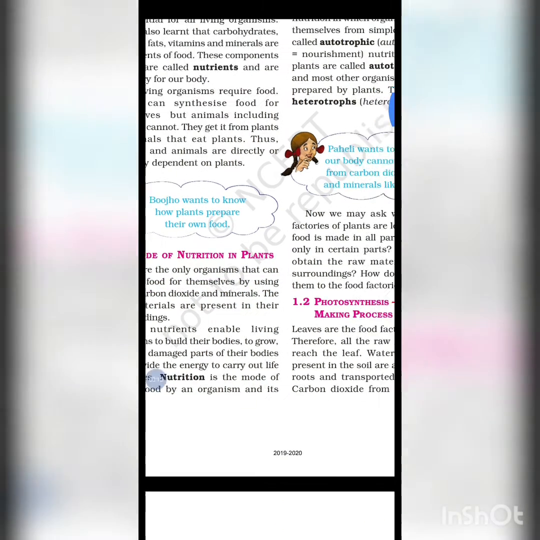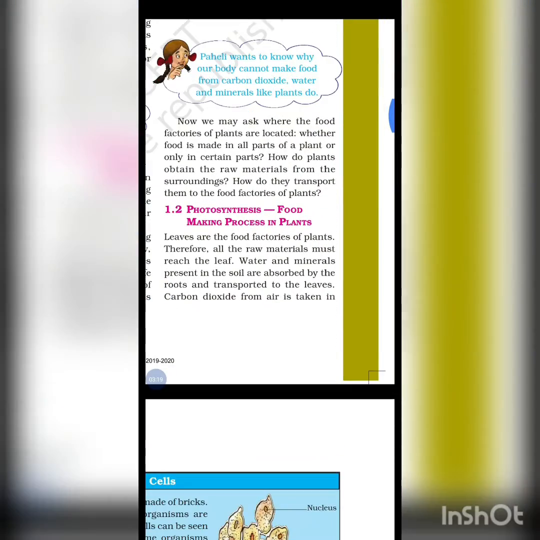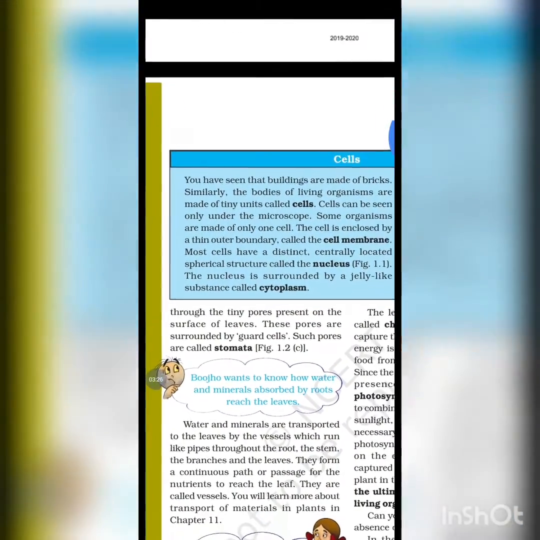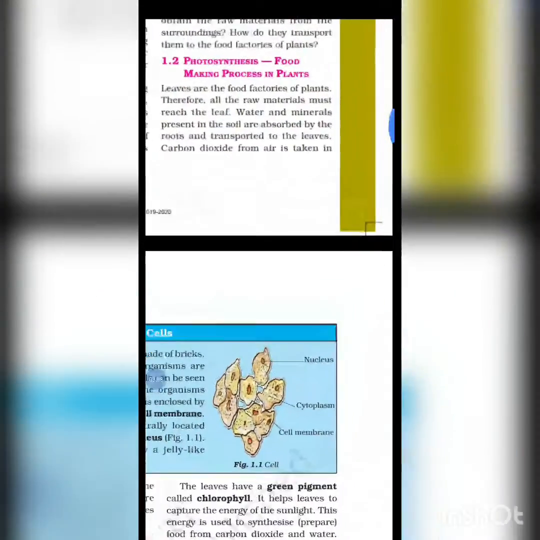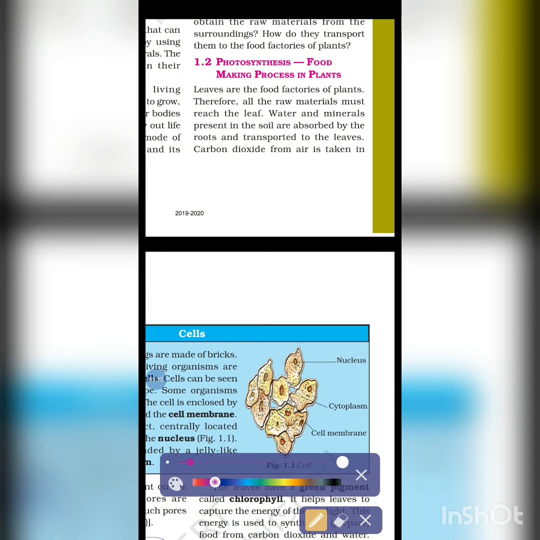Now next, carbon dioxide from air is taken in through the tiny pores present on the surface of leaves.